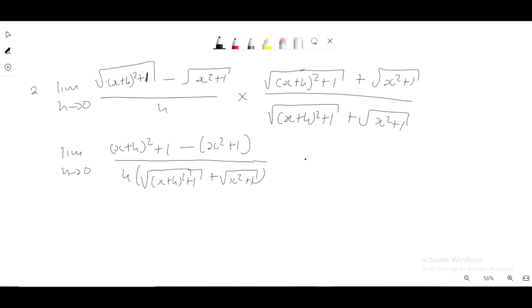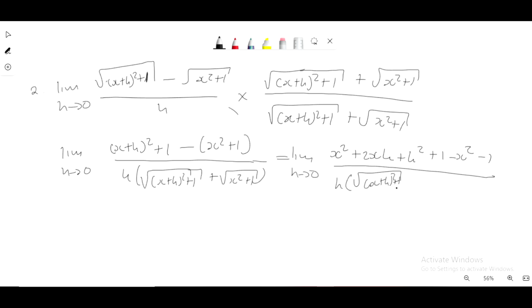Okay, so now let me simplify the numerator. I am going to have x squared plus 2xh plus h squared plus 1 minus x squared minus 1, all over h, the square root of x plus h all squared plus 1 plus the square root of x squared plus 1.